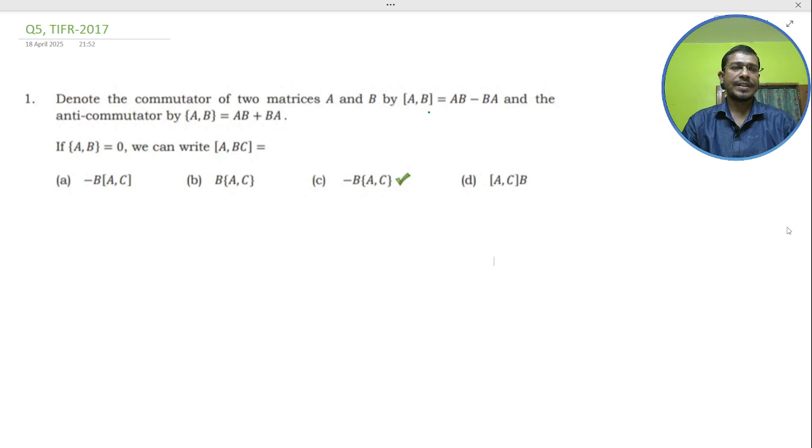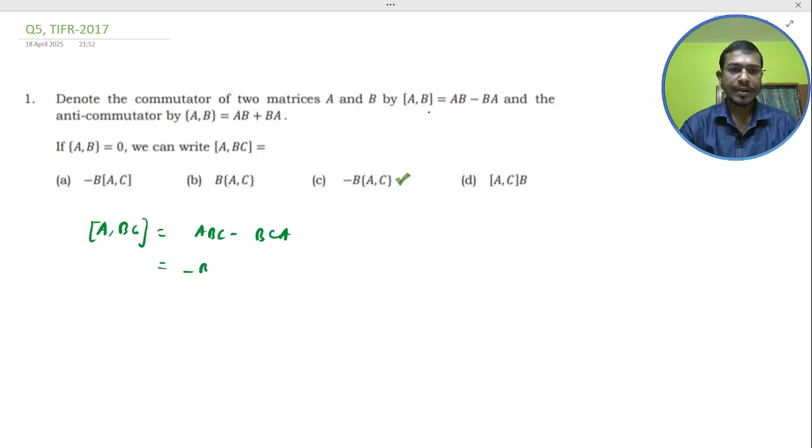If the anti-commutator is equal to 0, we can write A with BC commutator is what? That is, A with BC commutator. Simple. This is ABC minus BCA.